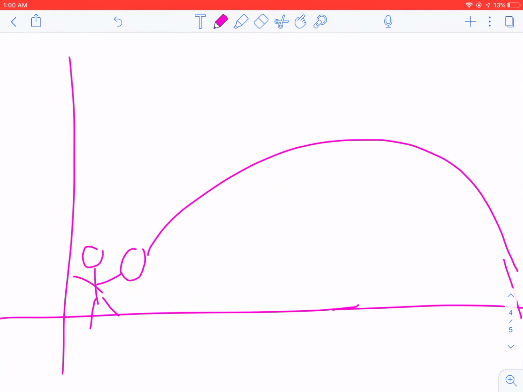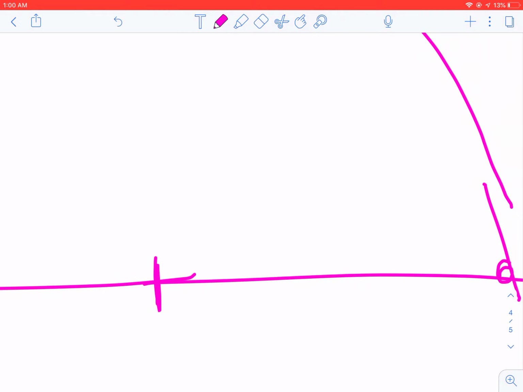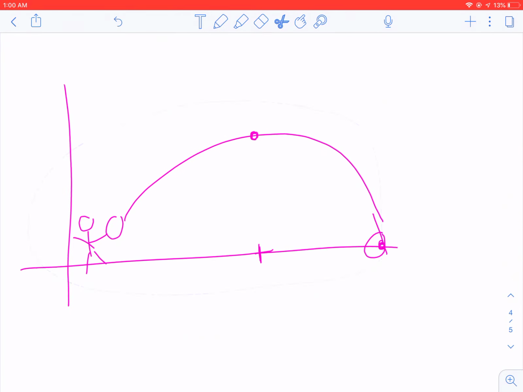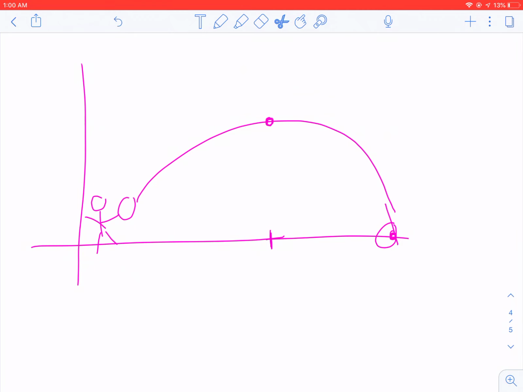Important points on this parabola are the vertex, which represents the max height and when we reach it. And when it hits the ground, that's the zero, or an x-intercept. We get those by factoring, setting our equation equal to 0, and using the zero product property.